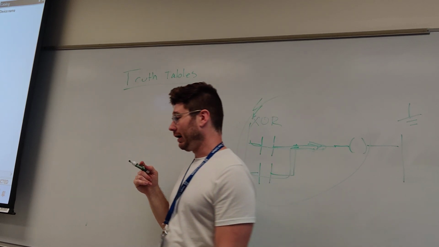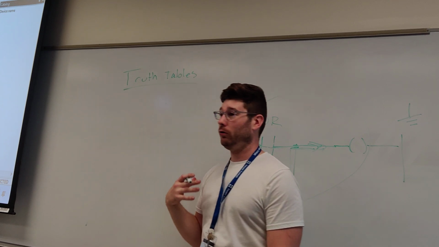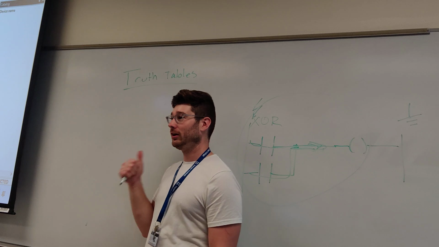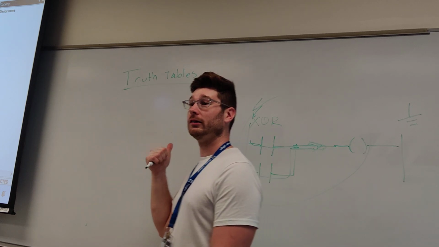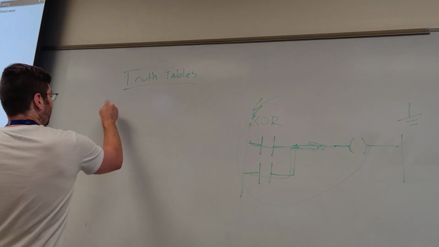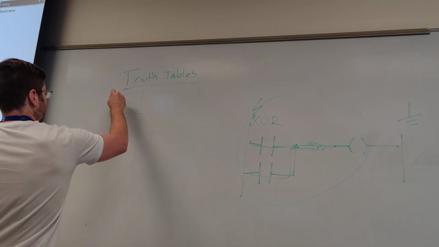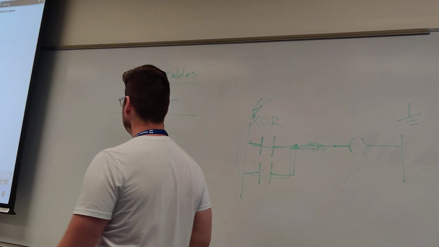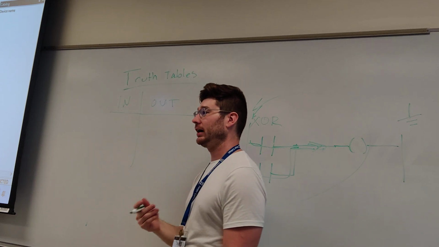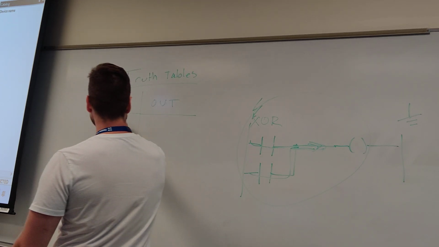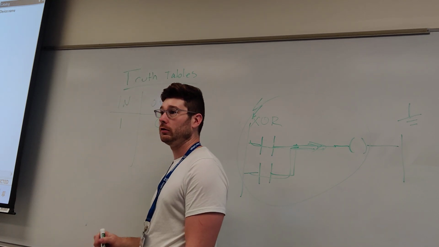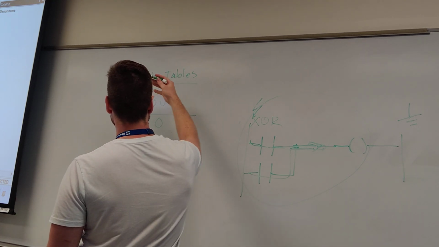I'm not going to tell you to do that. No one in your job is going to tell you to do that. This is your education telling you that this is the way to go. We have inputs on the left and outputs on the right. The whole point is to distill it down into desired states: when this input is this, this output should be this. And then you just do that for each of your elements.